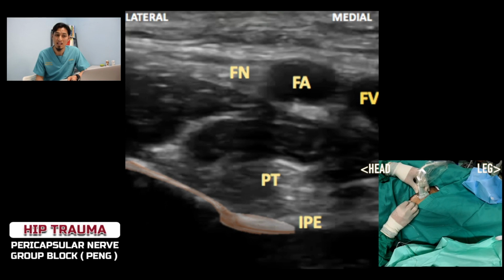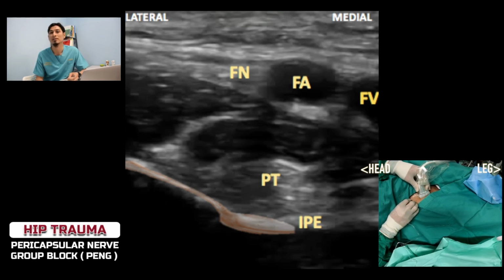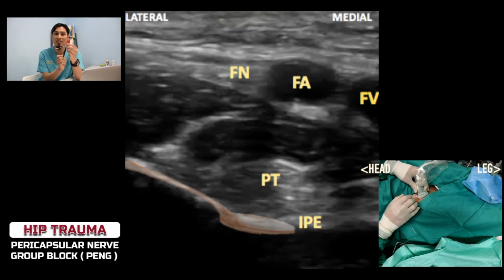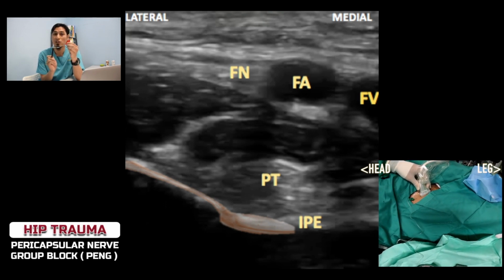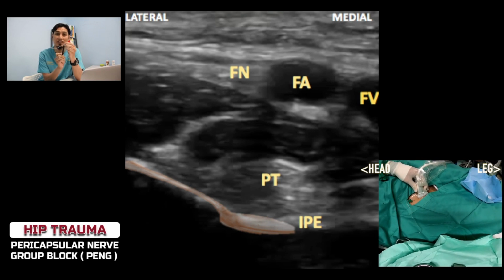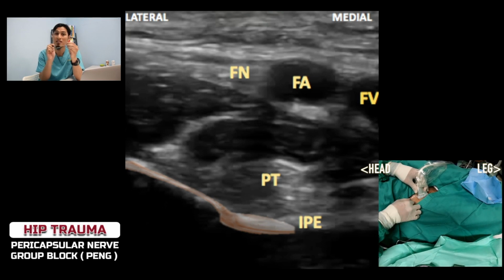We call it the spoon sign. We have the head of the spoon and the tail of the spoon. This is the iliopubic eminence and this is the anterior inferior iliac spine. The psoas tendon lies above the head of the spoon.